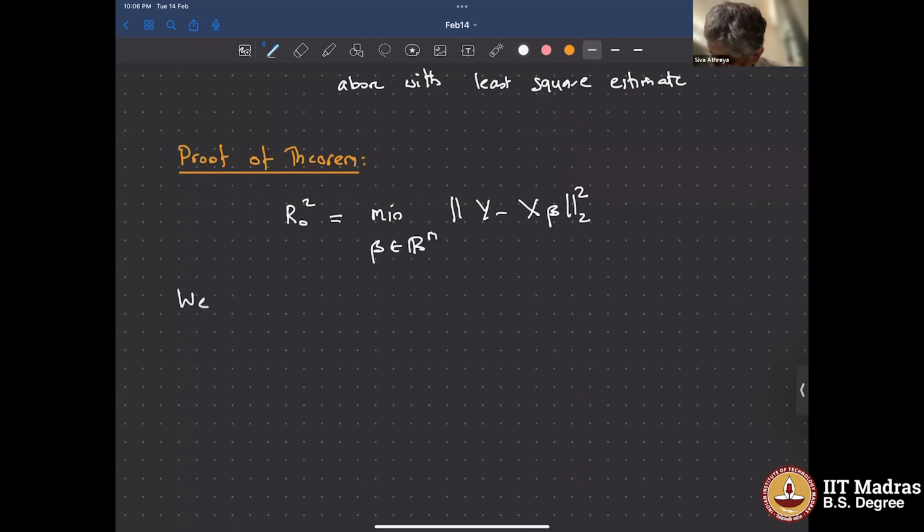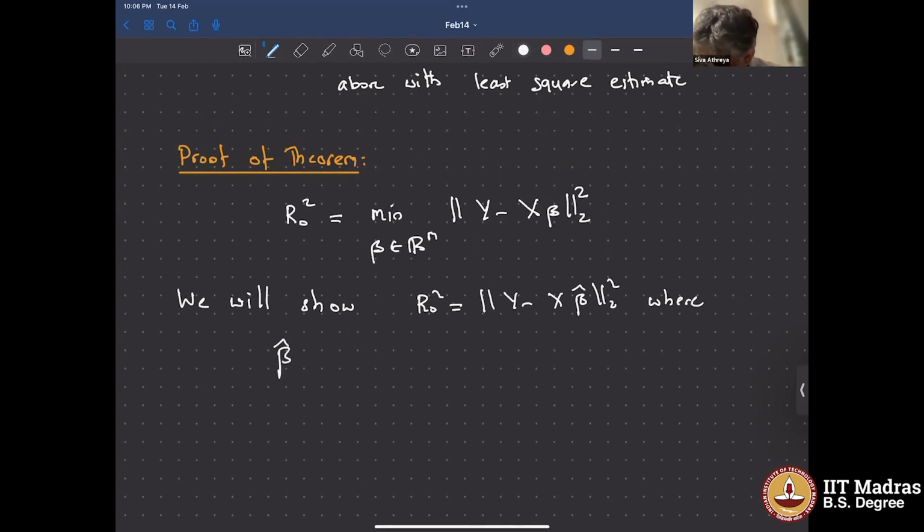So we will show R0 squared is actually equal to the norm of y minus x beta hat squared, where beta hat solves the normal equation, which is x transpose x beta hat equals x transpose y. Very good. So that's what I'll do.